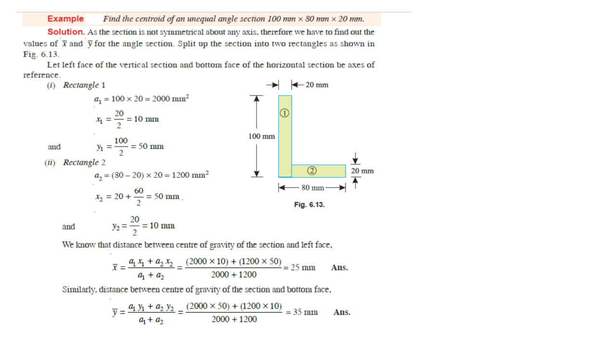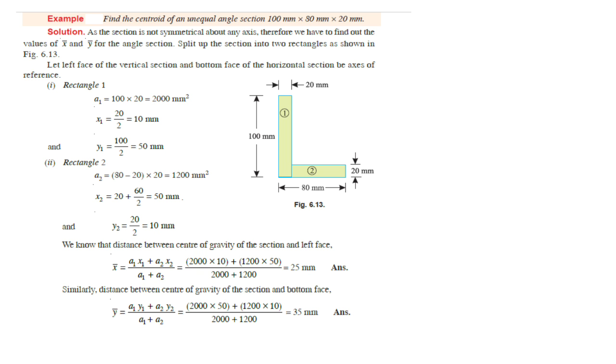Along the y-axis, the centroid y1 is equal to 100 divided by 2, which is 50 mm. For rectangle 2, breadth is 80 minus 20, which is equal to 60 mm, and the height of rectangle 2 is equal to 20 mm, therefore area 2 is equal to 1200 mm².